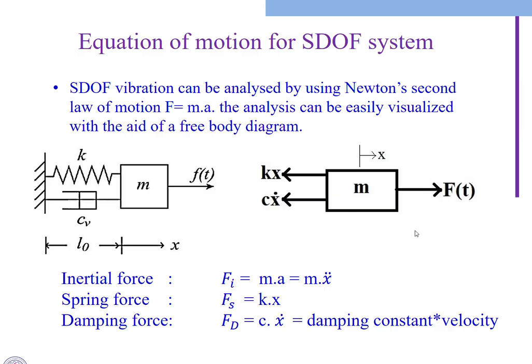Here these forces have been resolved in this way: the inertial force, which is nothing but mass into acceleration, the spring force, which is nothing but stiffness into displacement, and the damping force Fd, which is equal to c into x dot, damping constant into velocity of the body. Okay, this is regarding the free body diagram of the given dynamic system, the given mass, spring and dashpot system.